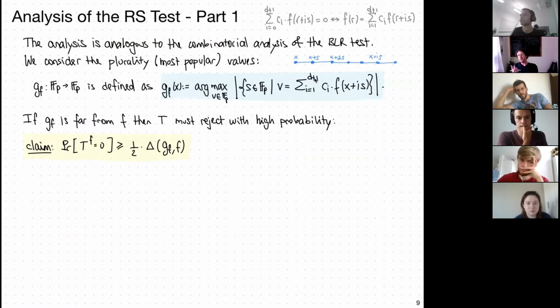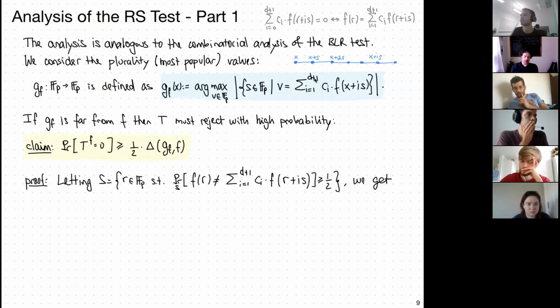So what we did is we found this special set S of cases where we know we will definitely reject in that case. And we said, let's divide the probability. There is some chance we'll be in S, and then we can easily analyze it. And there is some probability that we will not be in S, and then we don't care because this S will be big enough. So we'll do the exact same trick here now.